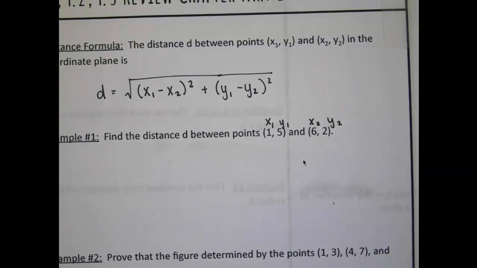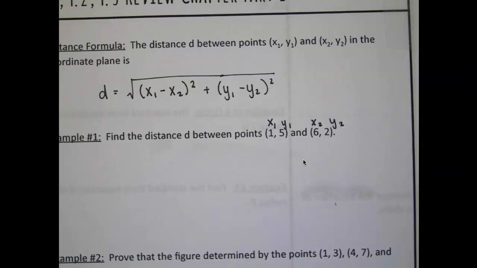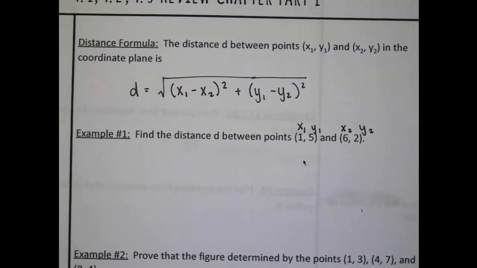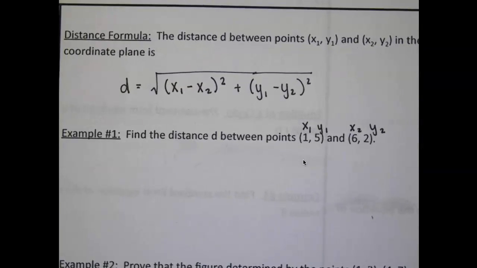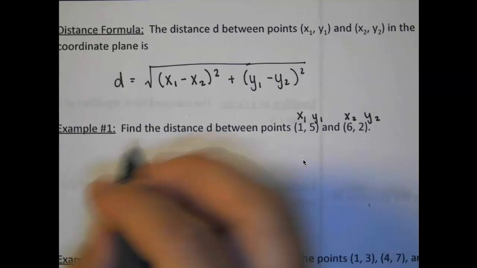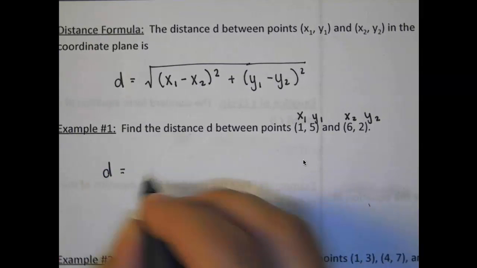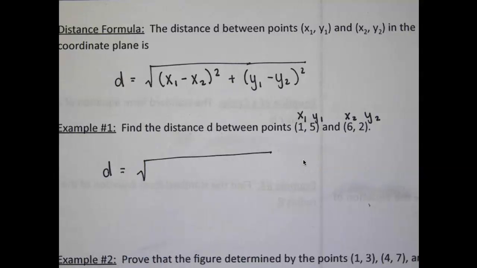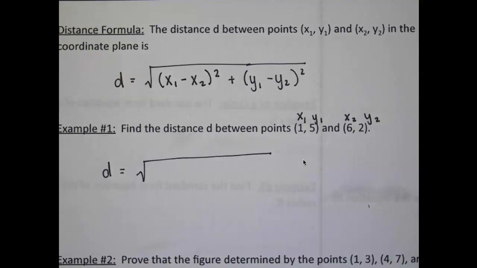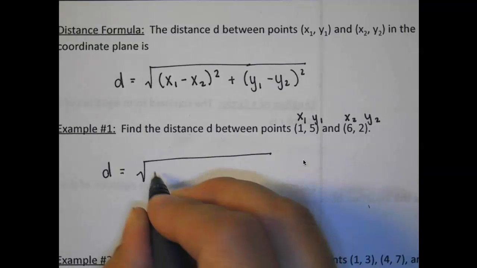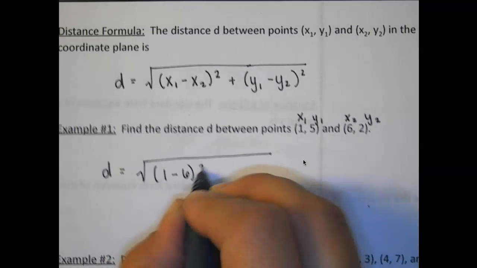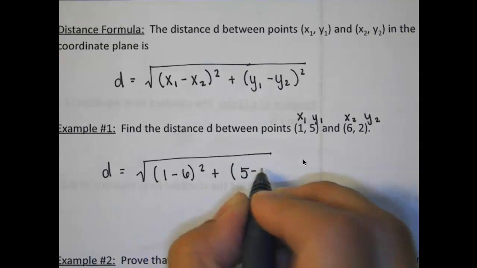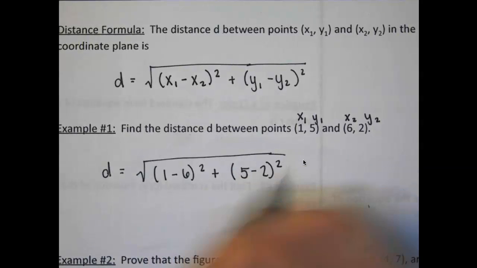All right, so if I plug everything in, ladies, I still hear some talking. If everyone could please stop talking. I'm going to have 1 minus 6 squared plus 5 minus 2 squared.